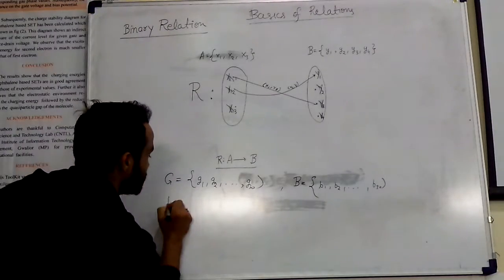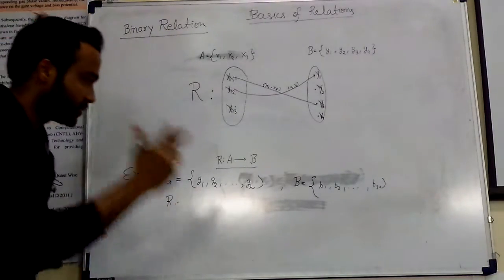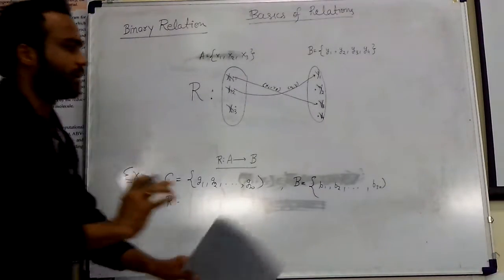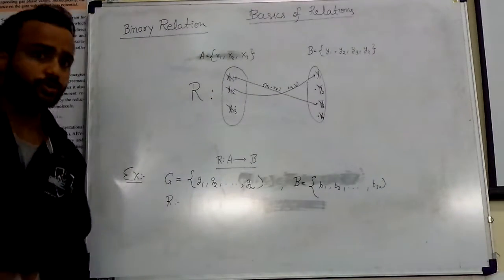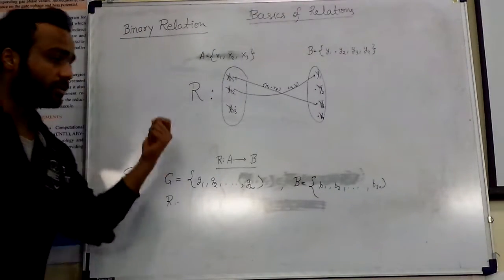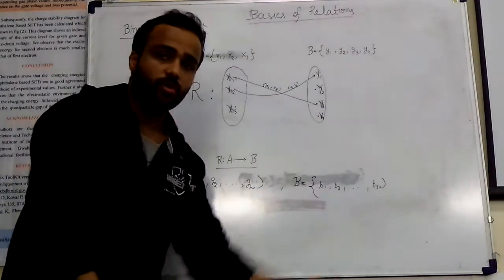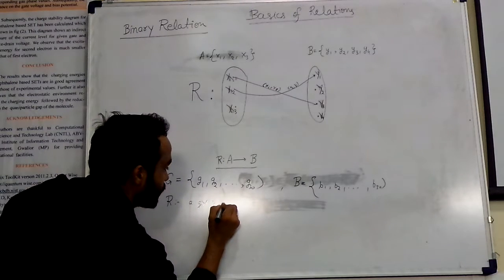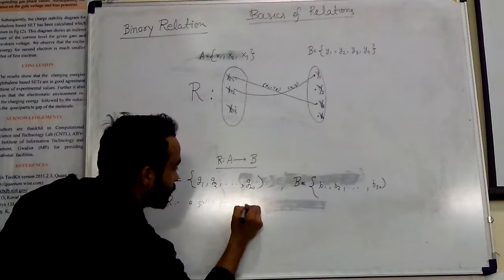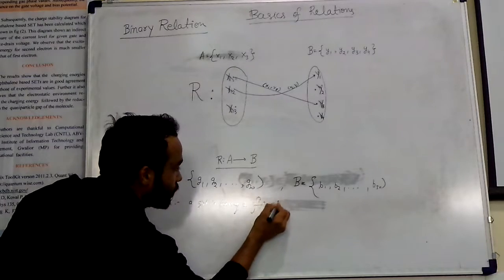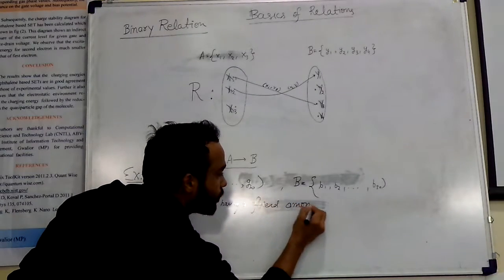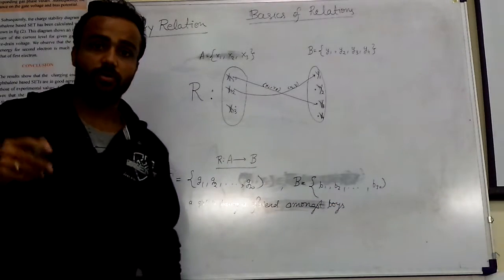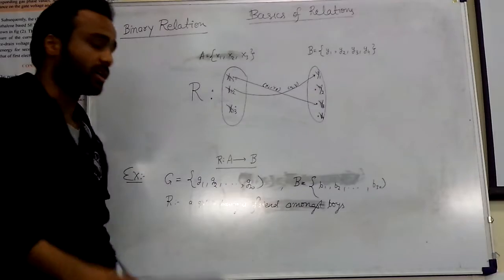I will define the relation: a girl from set G and a boy from set B are associated if the girl has a friend amongst the boys. Then there is a relation R.